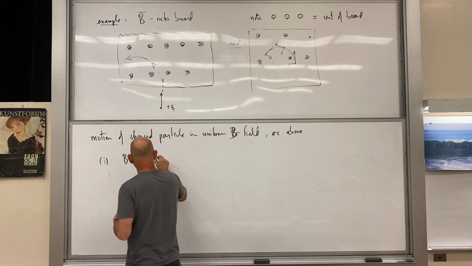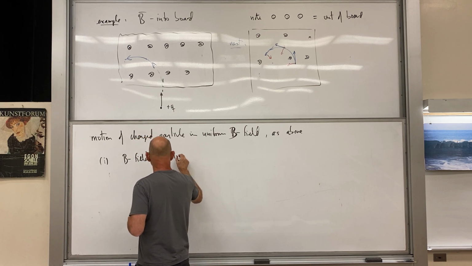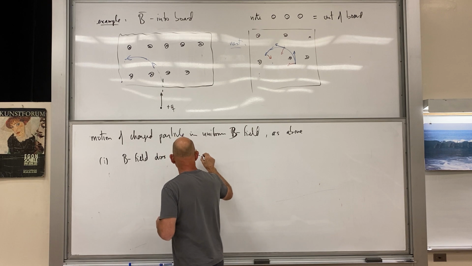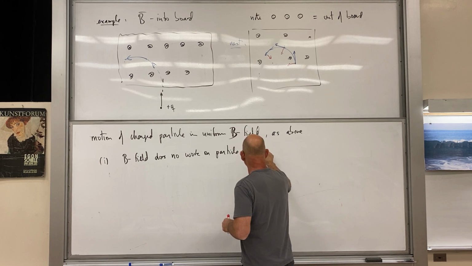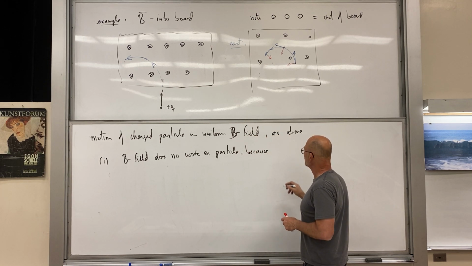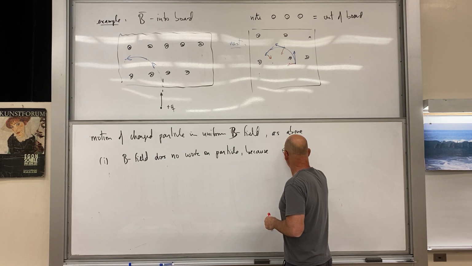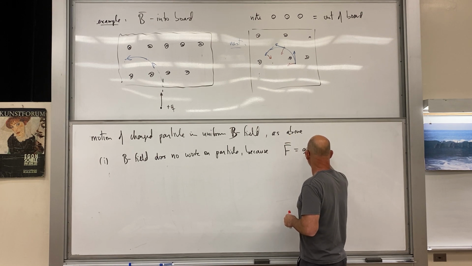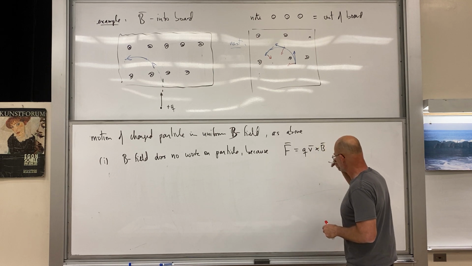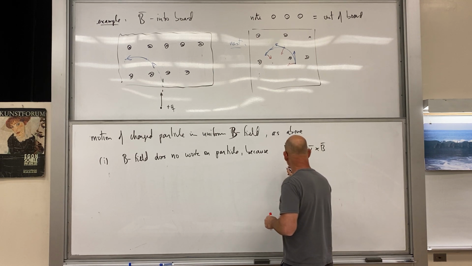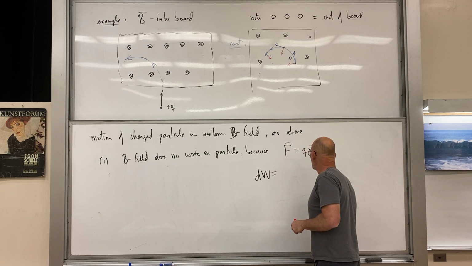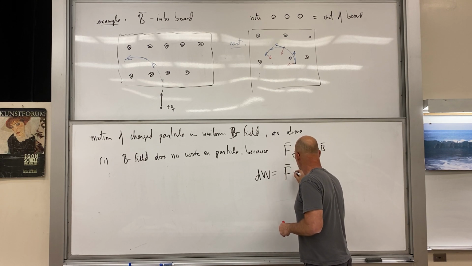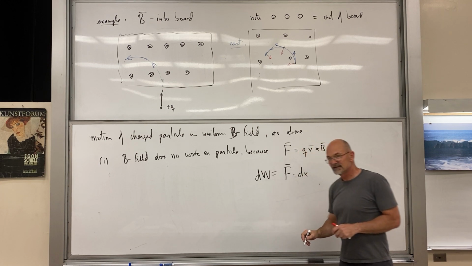B field does no work on the particle, because we've got F is Q V cross B. So dW would be F dot dx, okay?